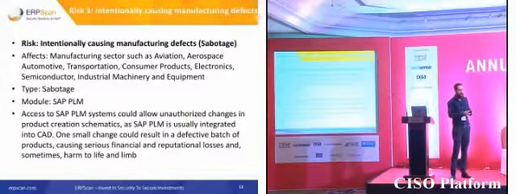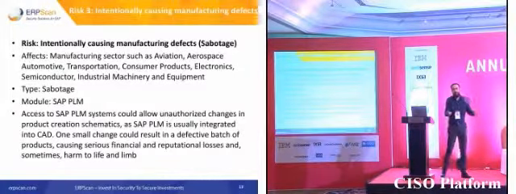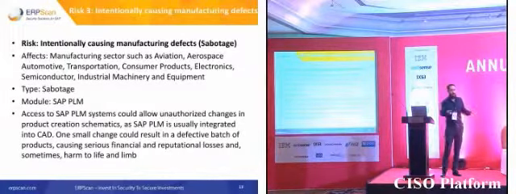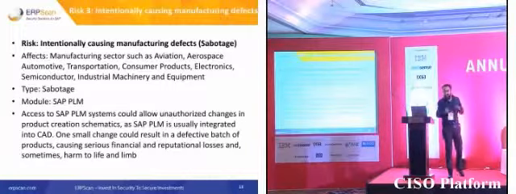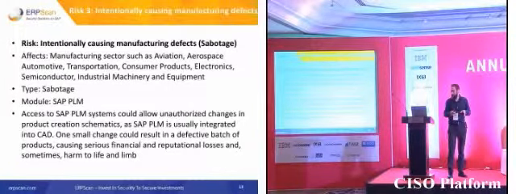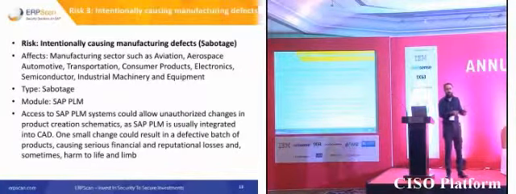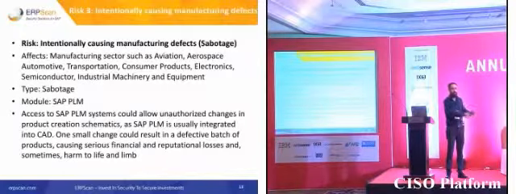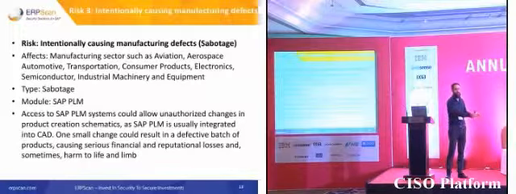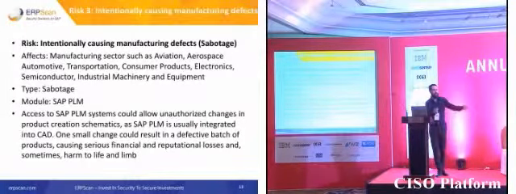Let's say you have a manufacturing company that produces cars. If you can get access to this PLM application, or some other application where this documentation is stored, you can modify the data about, for example, the bolt pressure on the wheel. If you modify this data, then on the plant floor, new cars will be made with defects.